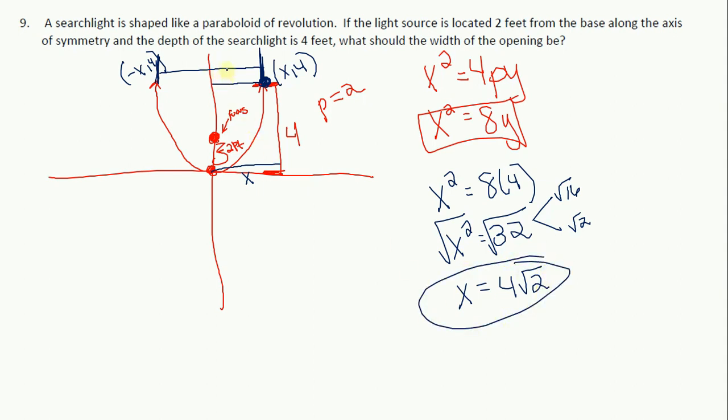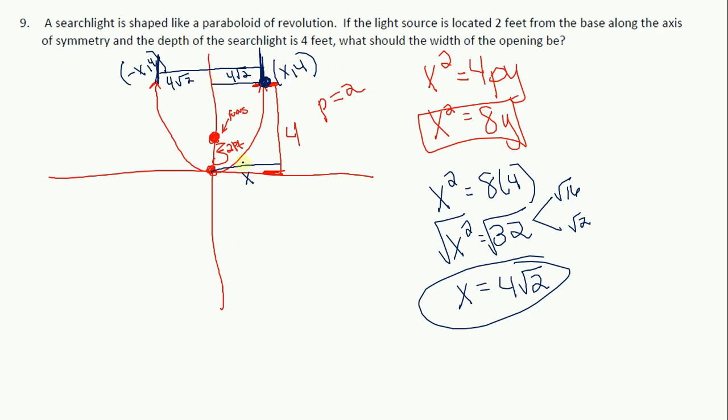So that tells me this piece of my parabola is 4 square roots of 2. That's how far from center to the edge this searchlight is wide. But they want to know the full length, aka they want to know what is 4 square root of 2 plus 4 square root of 2.